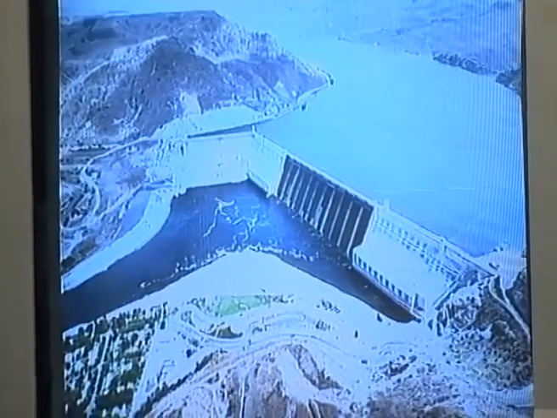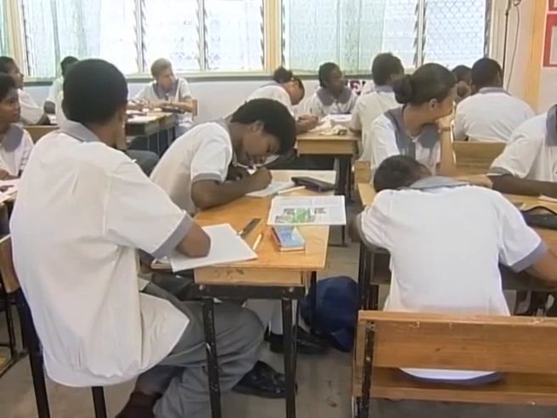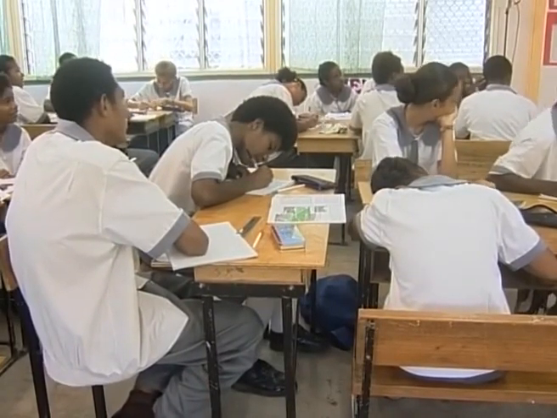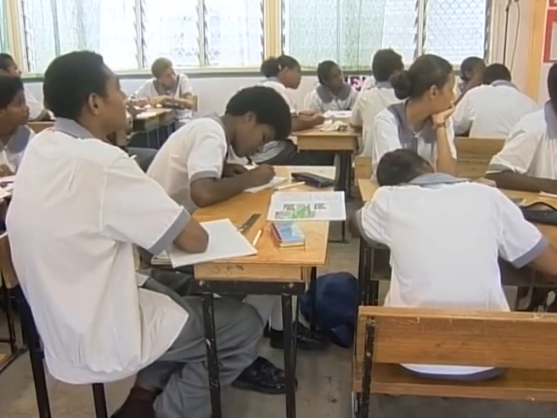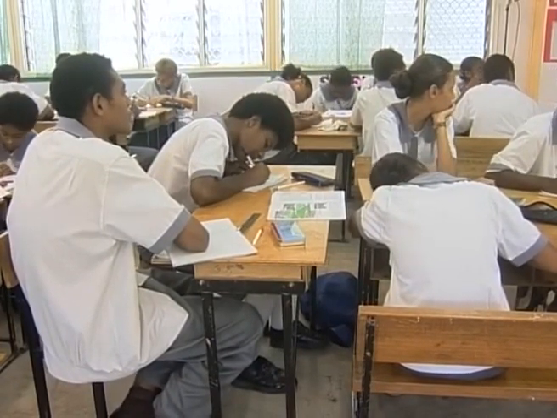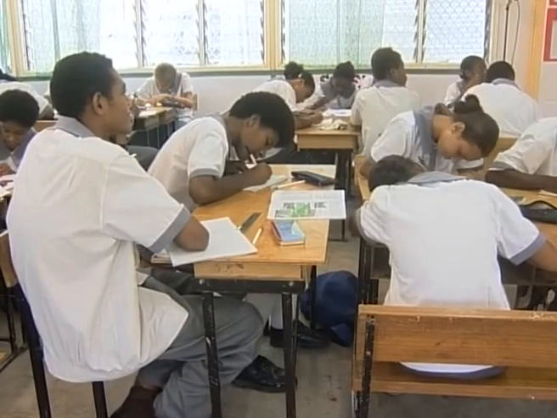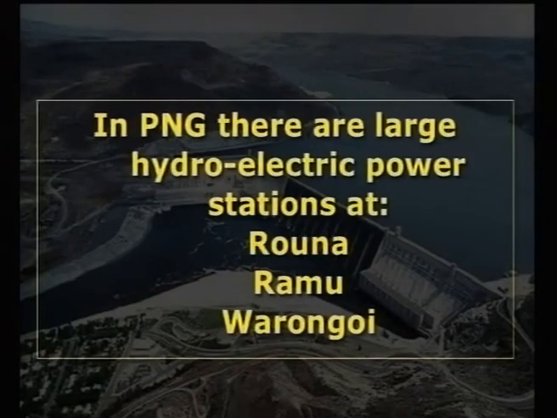Now hydroelectricity: Rouna here in Port Moresby, Ramu in Eastern Highlands Province, and Warangoi in the Gazelle Peninsula. So there are three large hydroelectric power stations which produce electricity for the following towns or provinces.